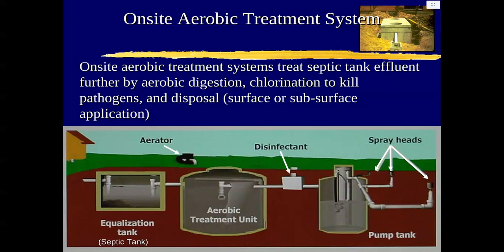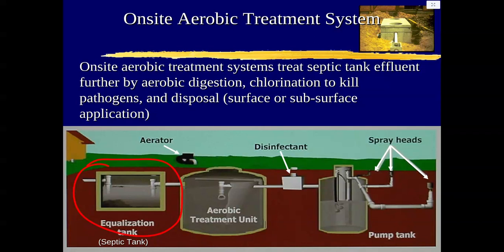And so typically, you have a septic tank that serves. Almost all advanced wastewater treatment includes a septic tank or a primary settling tank. After that, the water, which has less suspended matter but is still high in BOD, goes to an aerobic treatment unit where the air is introduced.